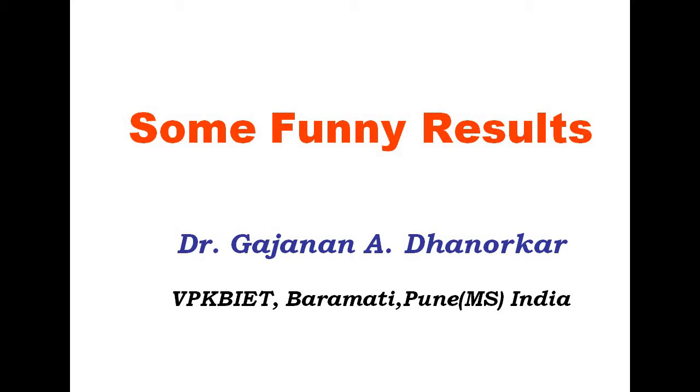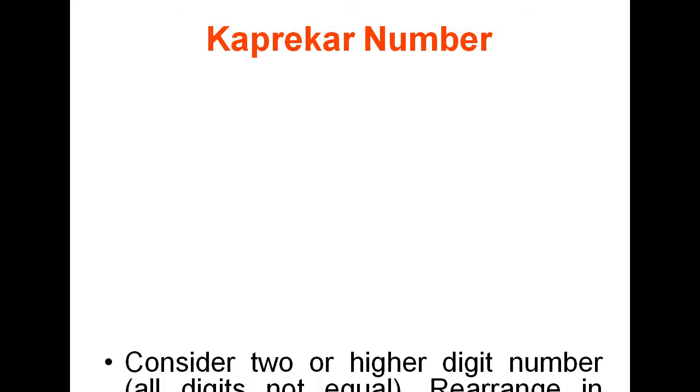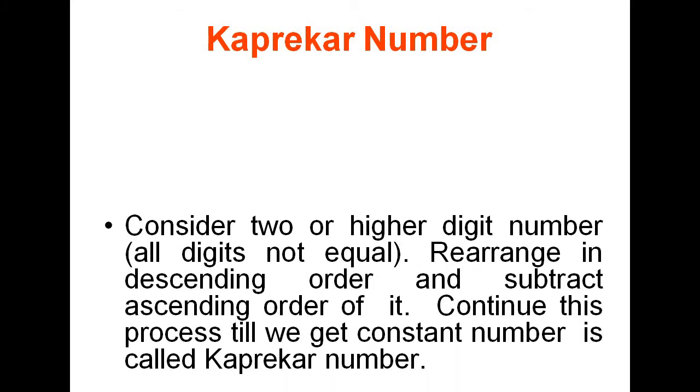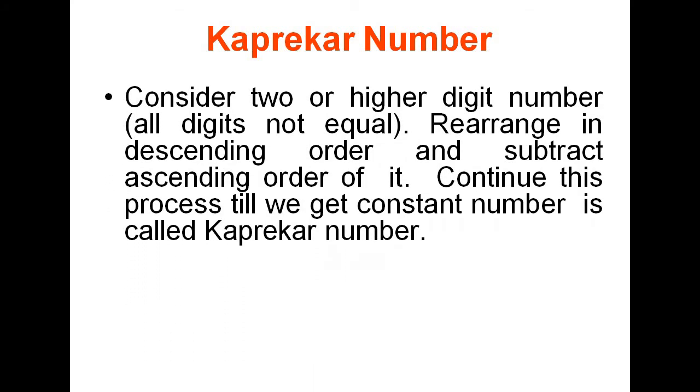Now firstly we'll go towards our Indian mathematician, Kaprekar, and we'll find some Kaprekar numbers. Before that we will try to understand what a Kaprekar number is. Consider any 2 or higher digit number, with the condition that all digits should not be equal.